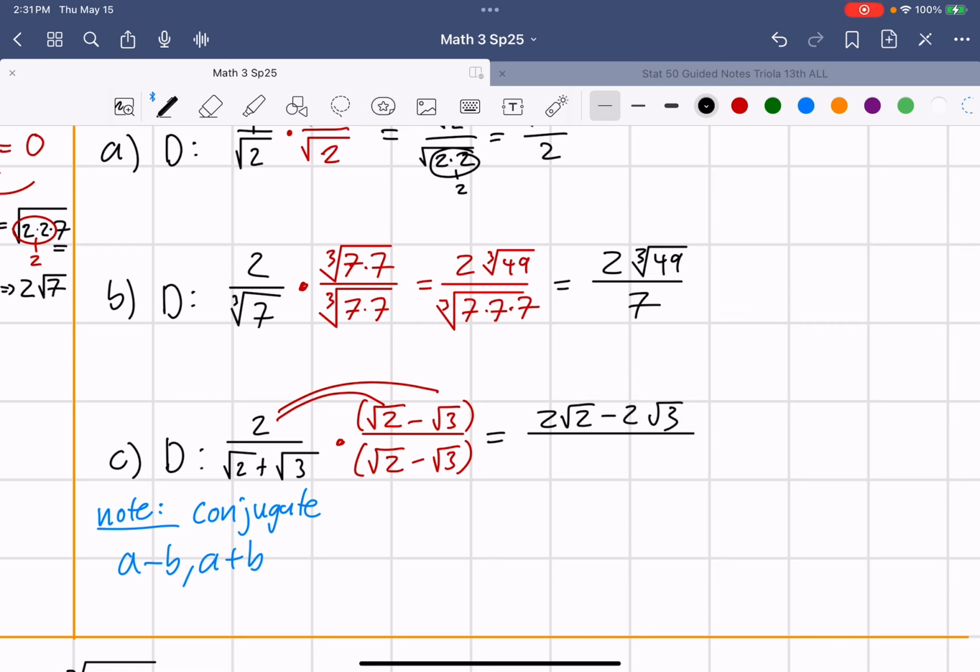And then I have to multiply the first to both, the second to both. Now it's going to say square root of 2 times square root of 2. Then it's going to be a minus square root of 2 times square root of 3. This is going to get a little long right now.